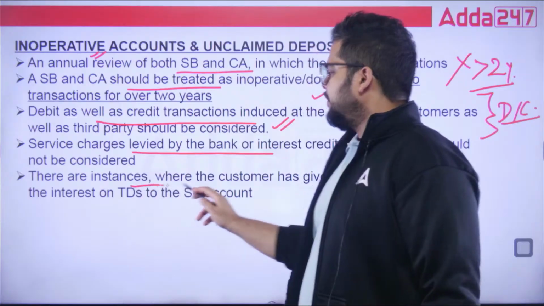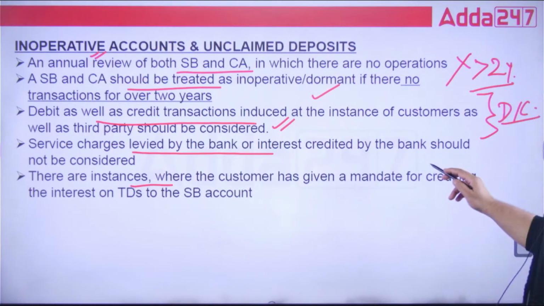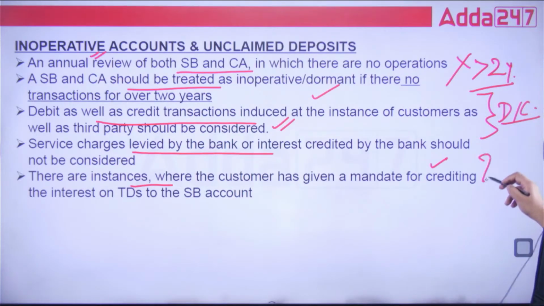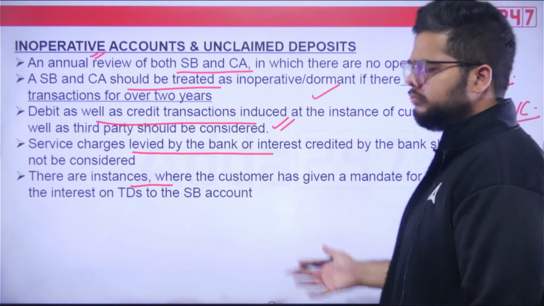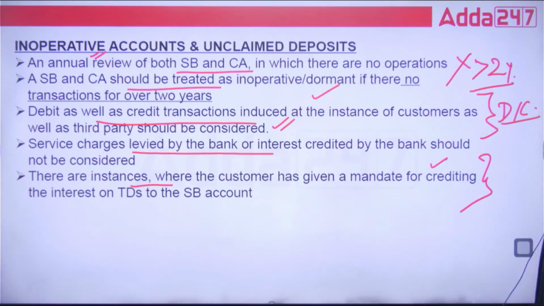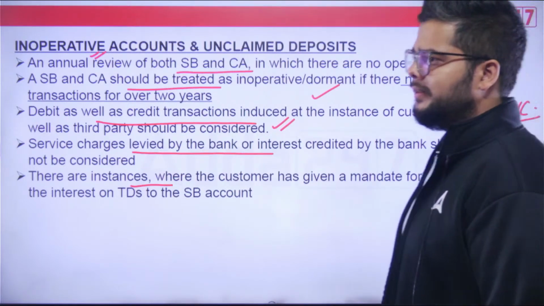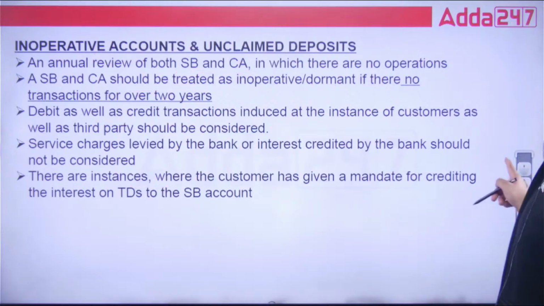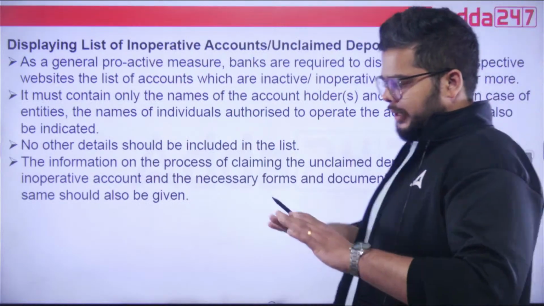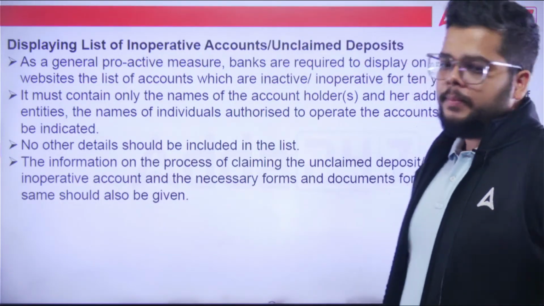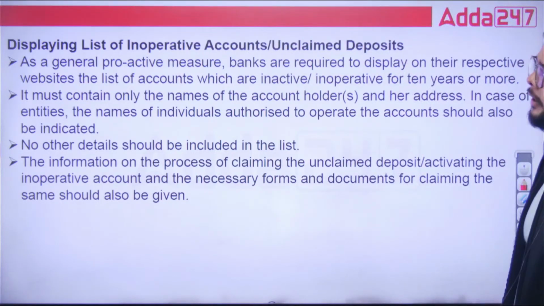There are instances where the customer has given a mandate for crediting the interest on TDs to the saving bank account. So obviously it will not be considered while having the final definition of whether this particular XYZ account is inoperative or not.